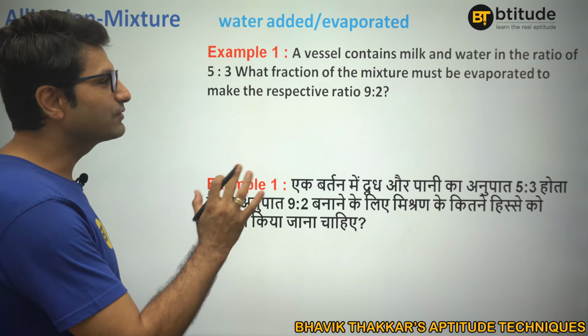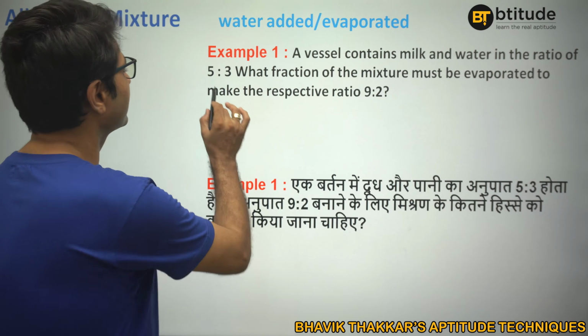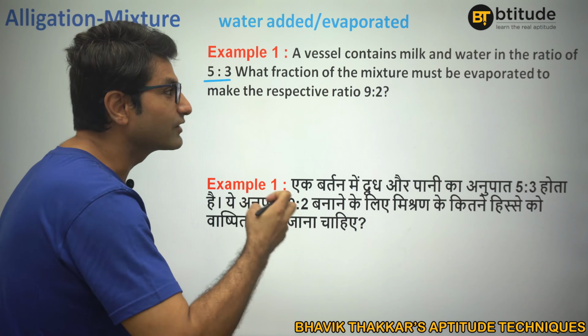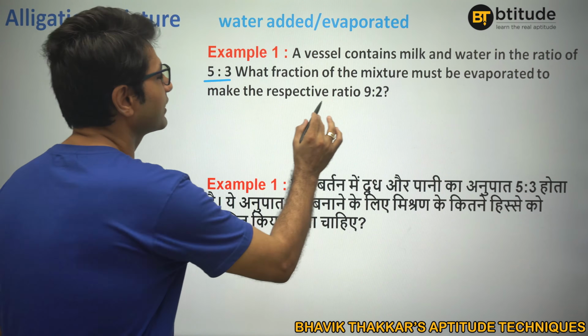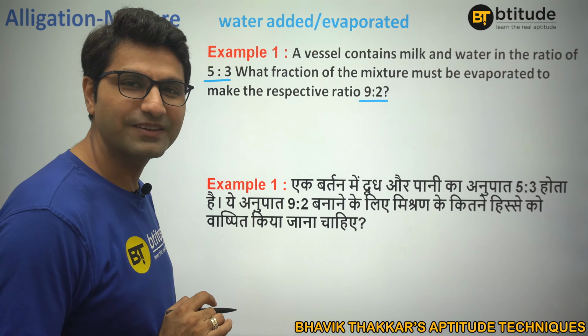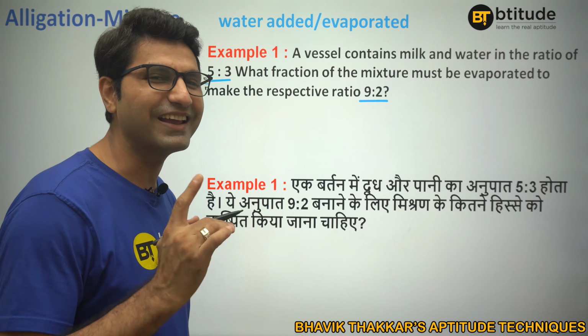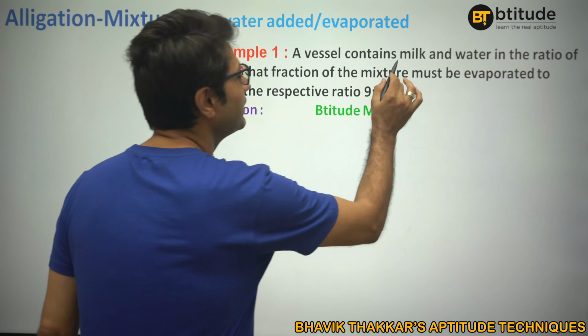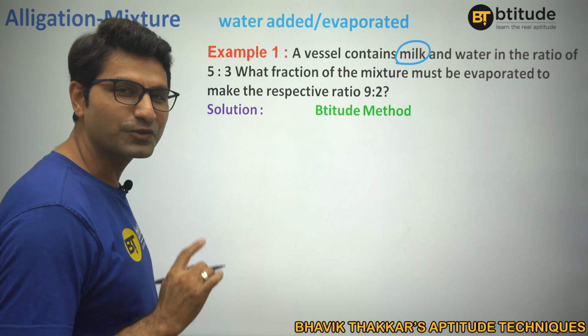Well, as soon as we understand the first question, it says the ratio was this. What fraction of the mixture must be evaporated so that the ratio becomes this? Now, how are we going to solve it? As I told you, the quantity of milk remains constant. So, what you will do?